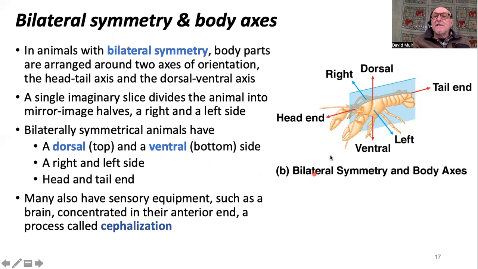So this bilateral symmetry enables specialization of the sensory equipment and the specialization of all sorts of other things. It's a very advantageous body plan. And the most important of all of these specializations I've already mentioned is the process of cephalization. It's the concentration of sensory apparatus here at the head, and together with that, the development and elaboration of the nervous system initially to service those sensory organs.